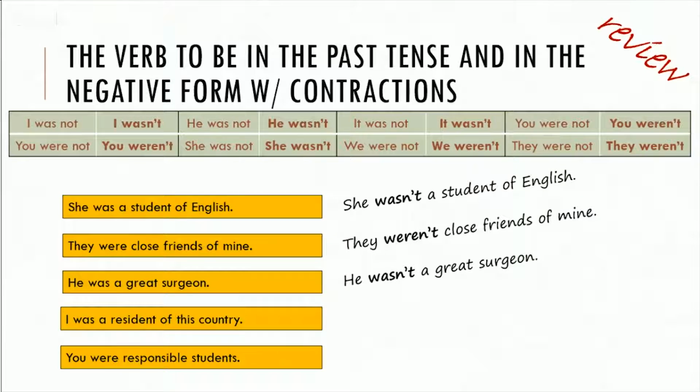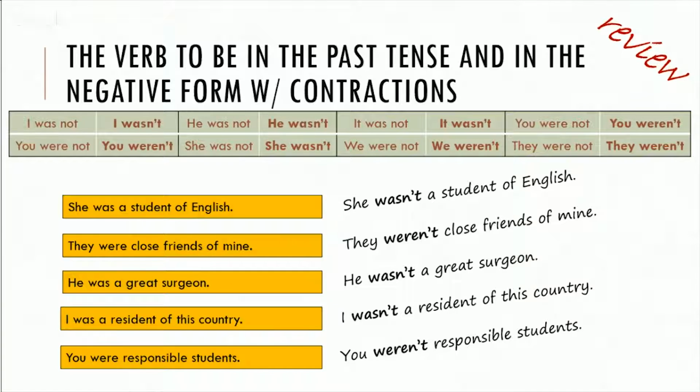They weren't close friends of mine. He wasn't a great surgeon. I wasn't a resident of this country. And you weren't responsible students. So there you have it, in the past, negative with a contraction.